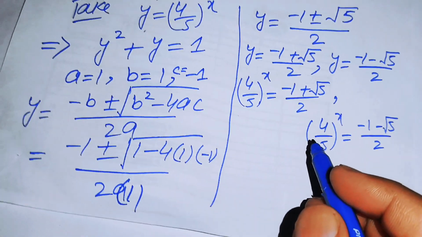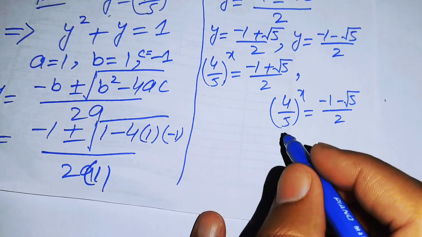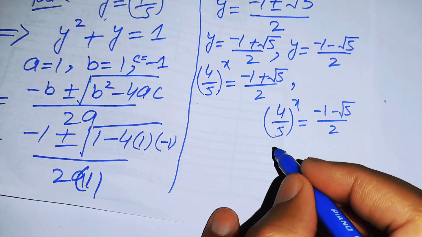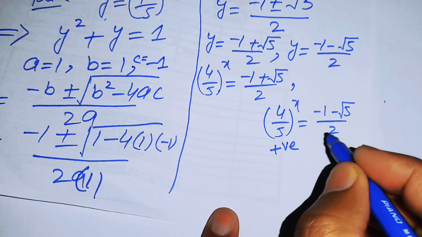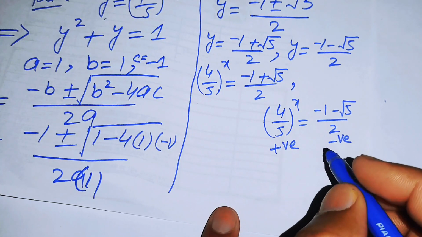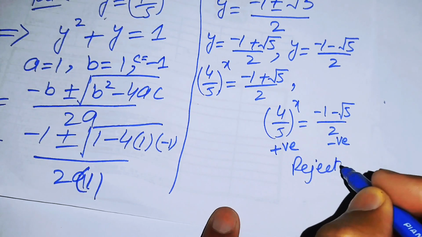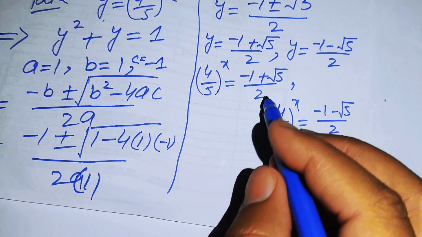First I will discuss this second case. In the left hand side we have an exponential function, which always gives us a positive value, and in the right hand side we have a negative term. The positive and negative terms cannot be equal to each other, so we will reject this case and proceed with the first case only.